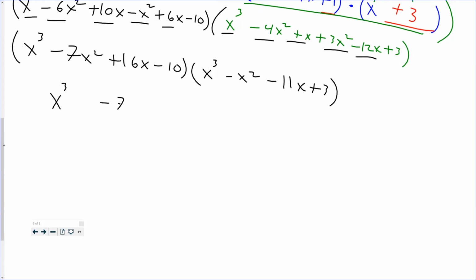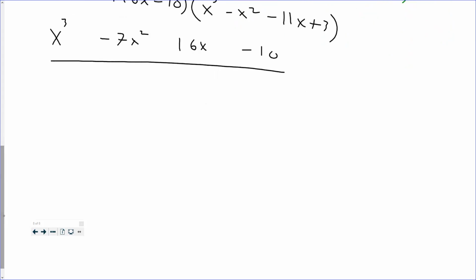x cubed, negative 7x squared, 16x, and negative 10, all with another x cubed, negative x squared, negative 11x, and 3.